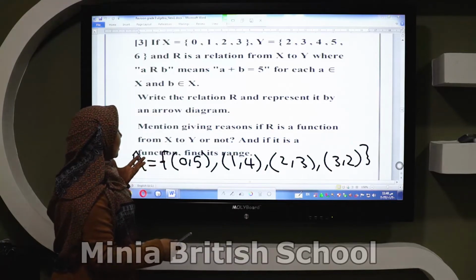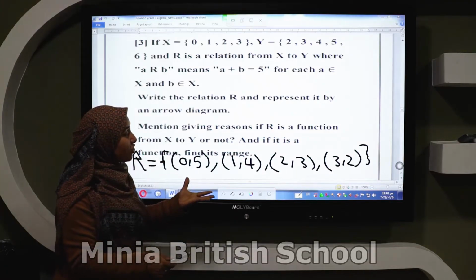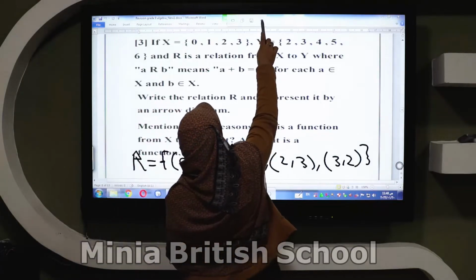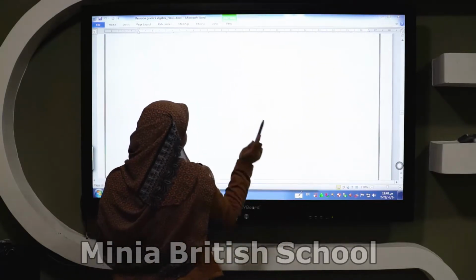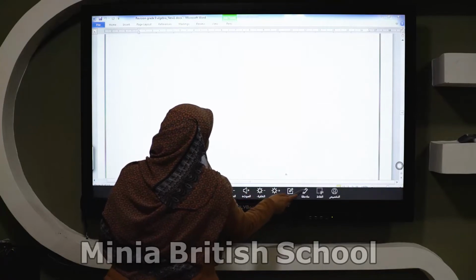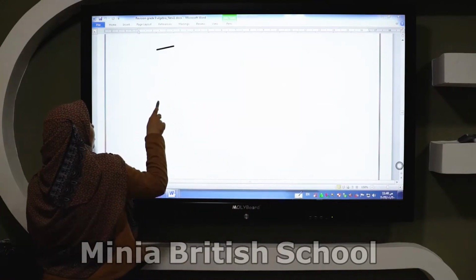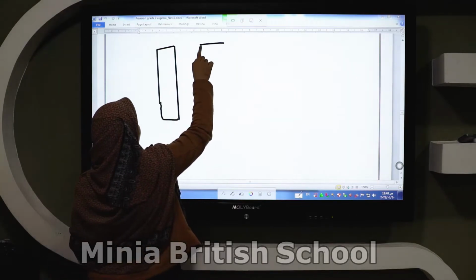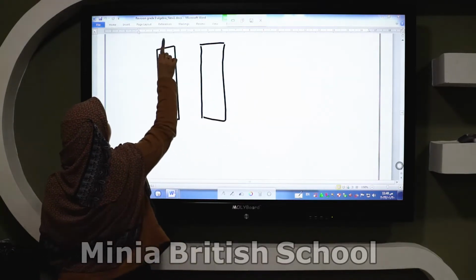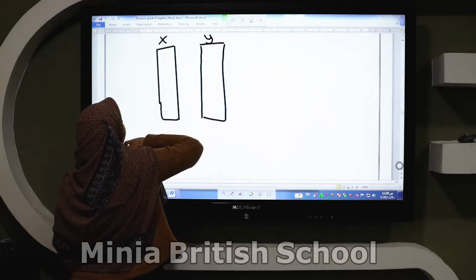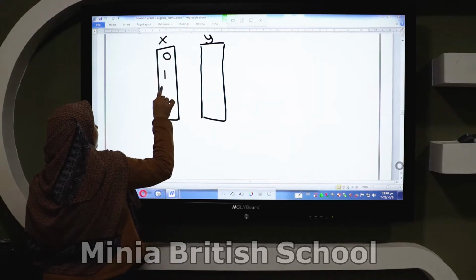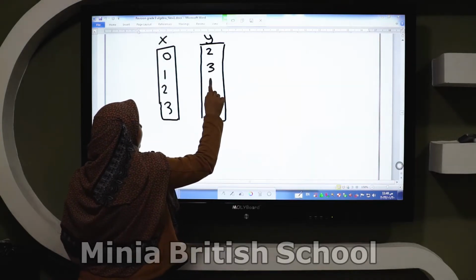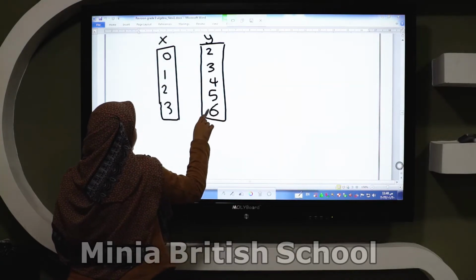Now I need to represent it by an arrow diagram, then decide whether the relation is a function or not, and find the range. So, the arrow diagram which represents this function: x and y, elements of x are 0, 1, 2, 3, elements of y are 2, 3, 4, 5, 6.